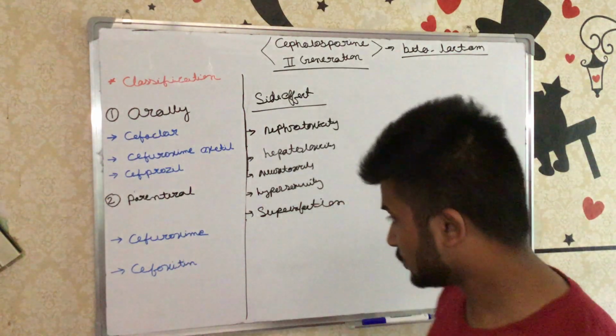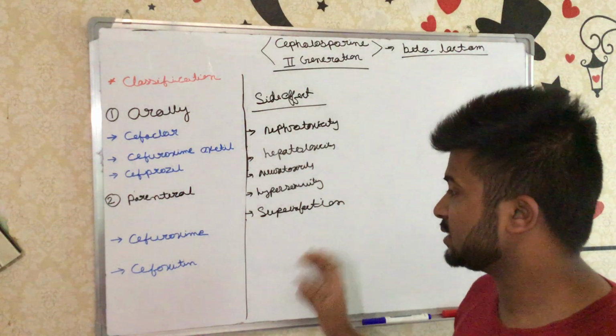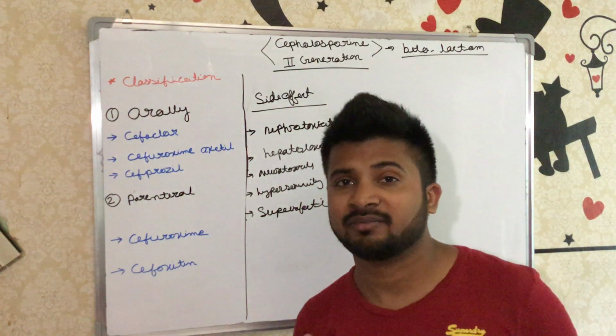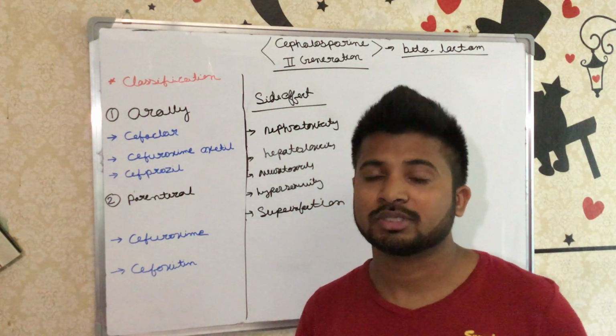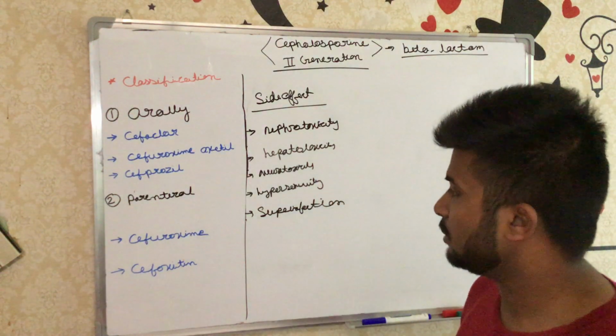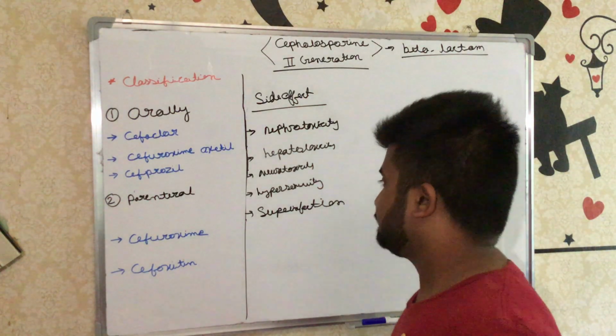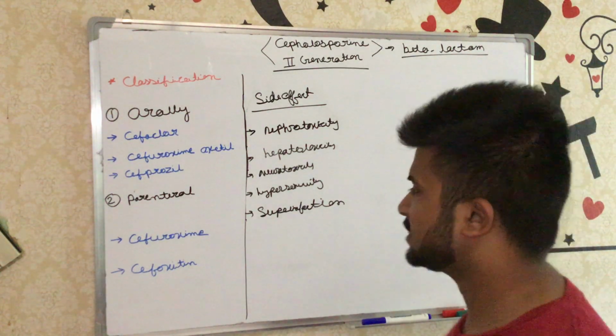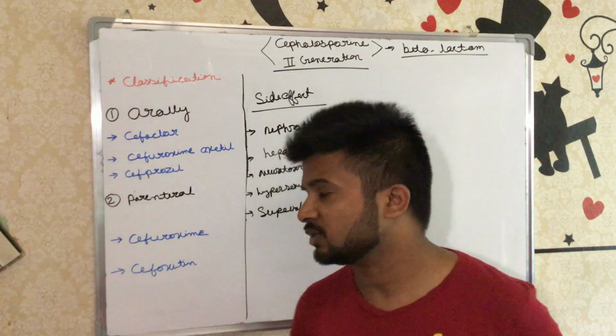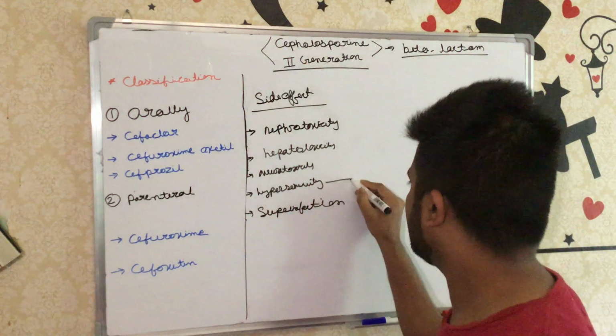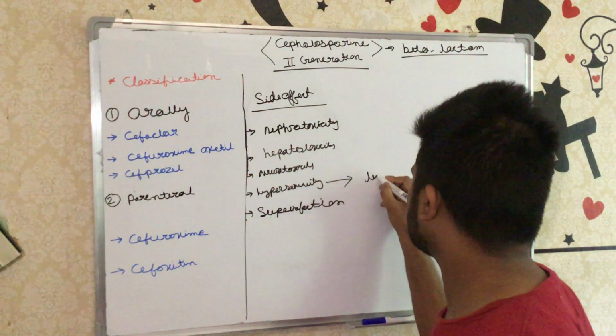That's why it is a severe condition. Superinfection should not develop while using any antibiotic. And hypersensitivity is the same, but here there is one benefit: this drug has less cross sensitivity.